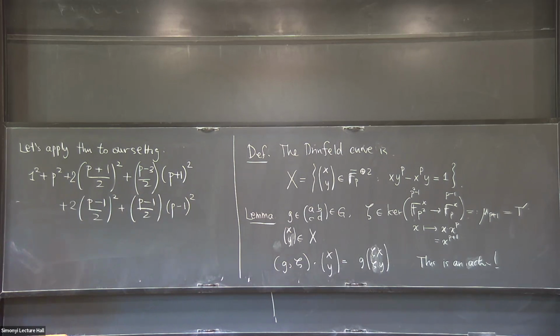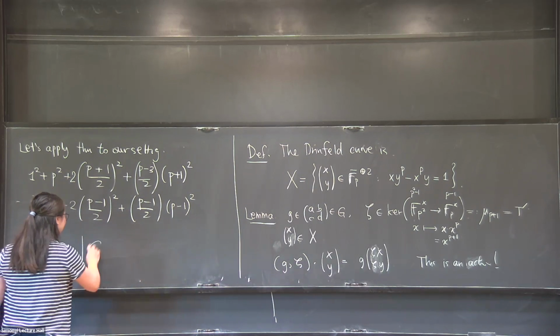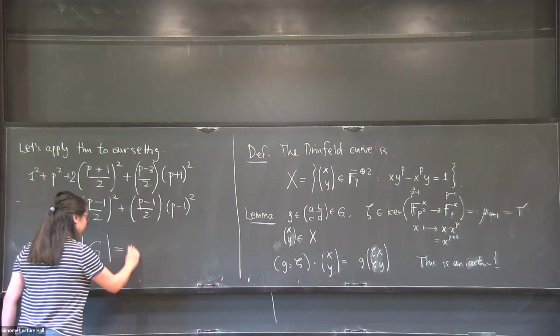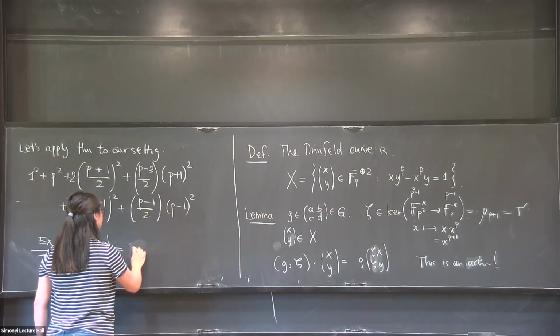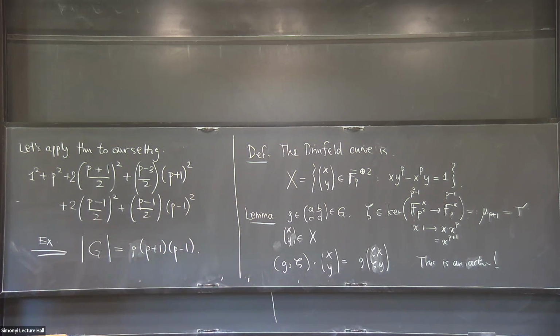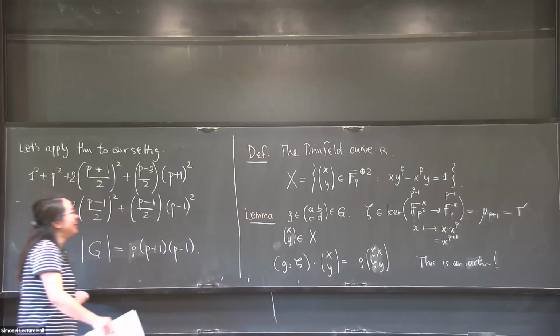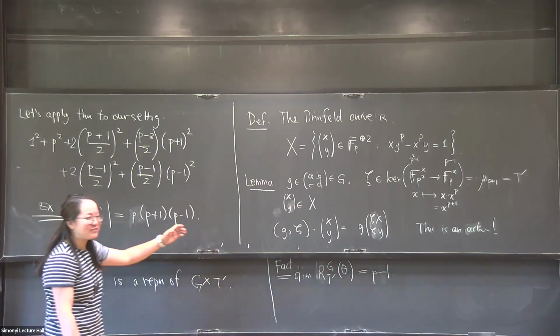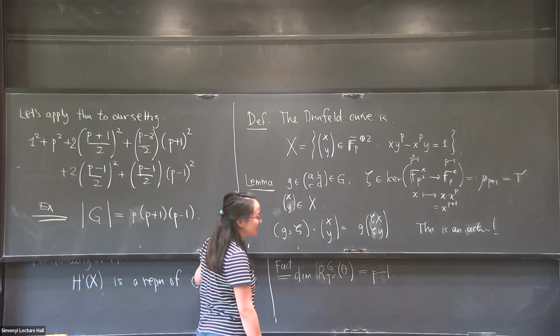So here's the exercise. Don't make me do this up here, please. Is that this is equal to G, which, as we saw before, is P times P plus 1 times P minus 1. This is amazing. Took a bunch of numbers that didn't seem to have any relation to each other.